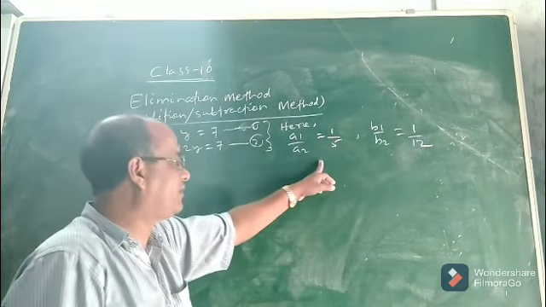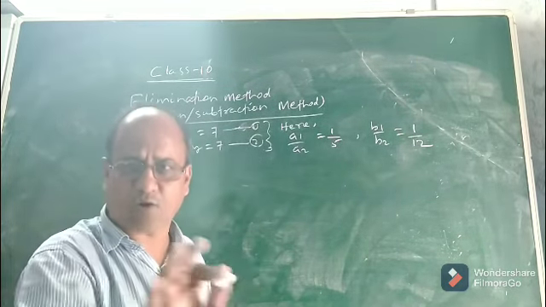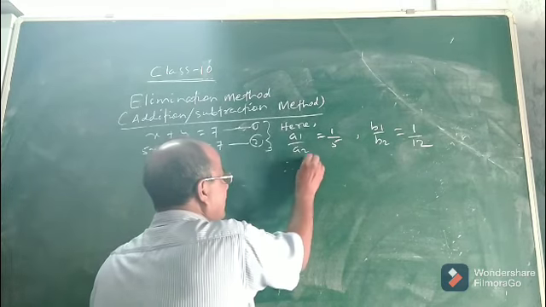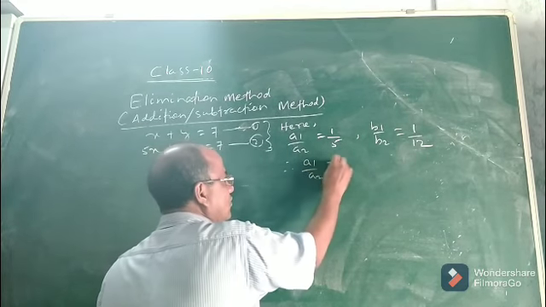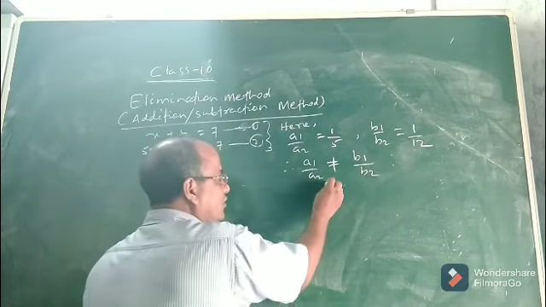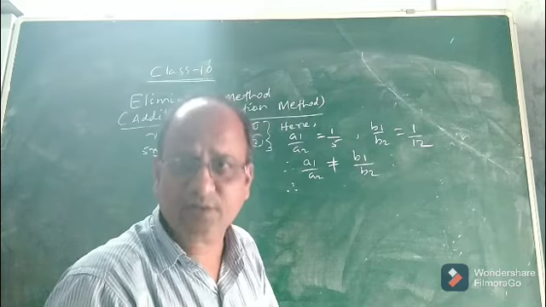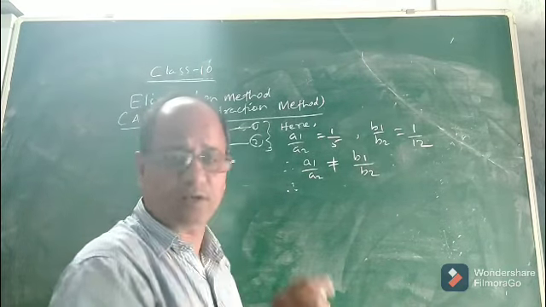So a1 by a2 is 1 by 5 and b1 by b2 is 1 by 12. Clearly they are not equal. That means a1 by a2 is not equal to b1 by b2. So from this we conclude that the system has a unique solution.